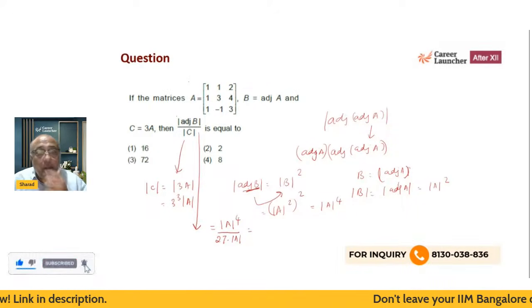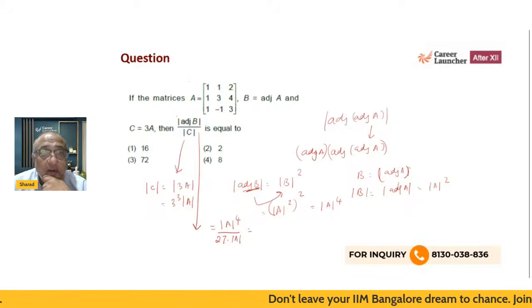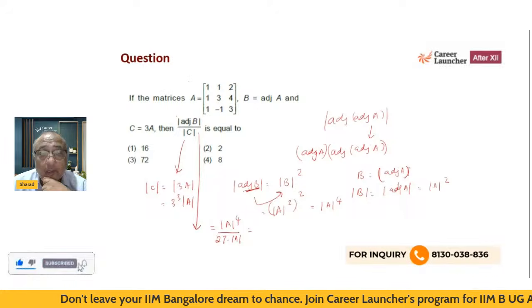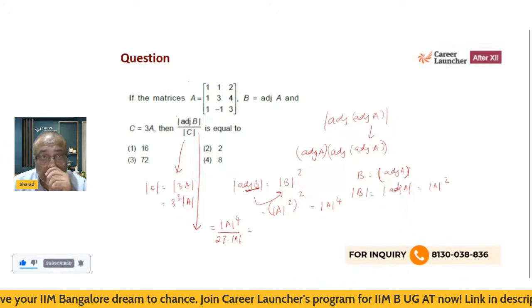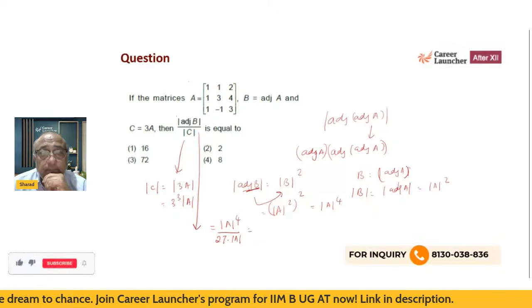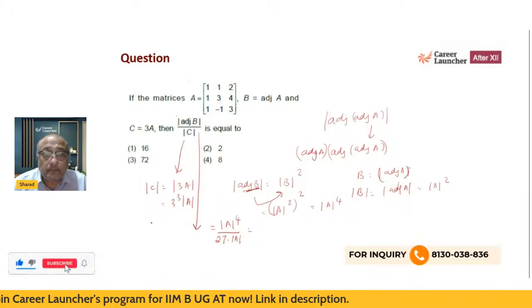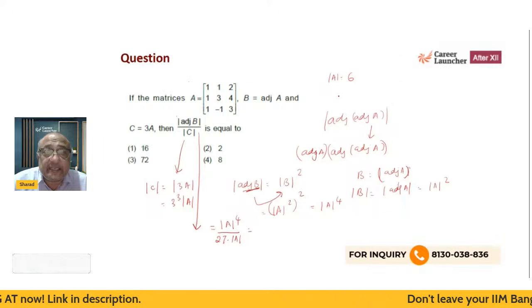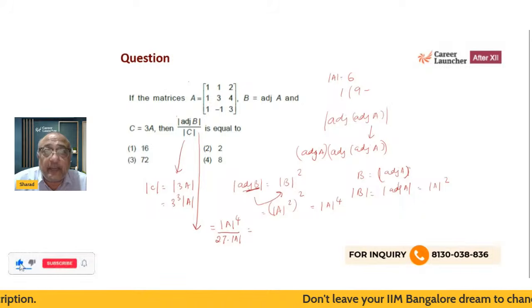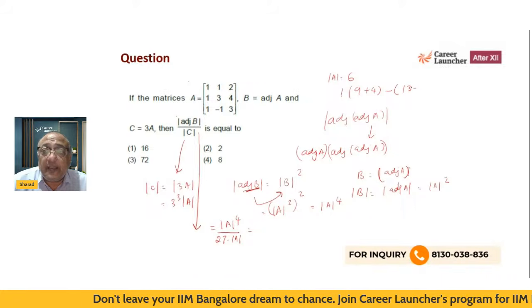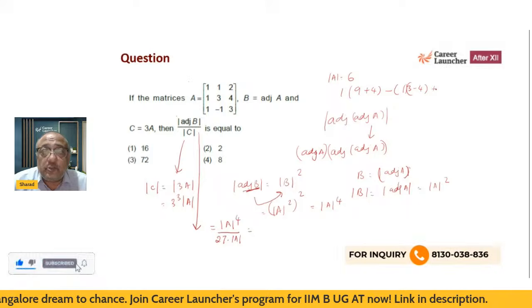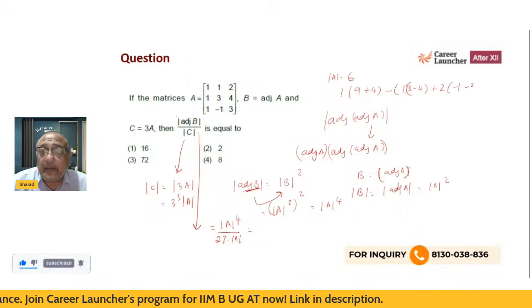So this is how we could have cracked this question, which was seemingly difficult. Understood? Actually, if you find determinant of A, it will be nothing but equal to 6, if I'm not mistaken. 1 into 9 plus 4, which is 13, minus 1 into 3, minus 1 into 3 minus 4, plus 2 into minus 1, minus 3.